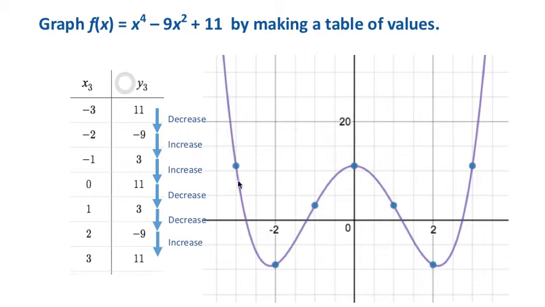It's decreasing, decreasing, decreasing, then increasing, increasing, increasing, so where it changes is where the turning point must be. Same here. It's increasing, then decreasing, so there must be a maximum there. It's decreasing, then increasing, so there must be a minimum in there. That's all there is to this little theory.